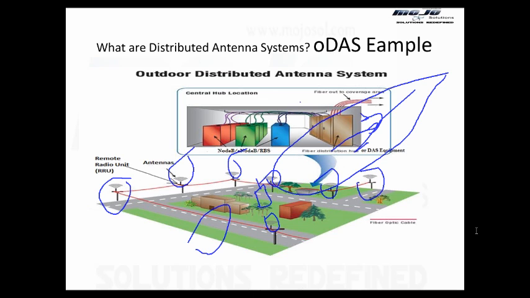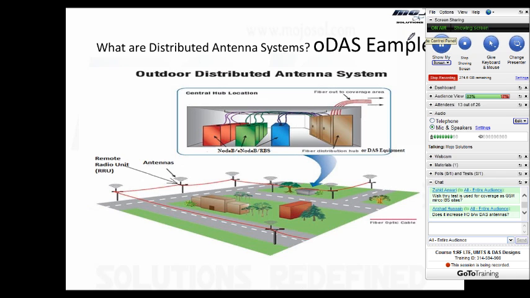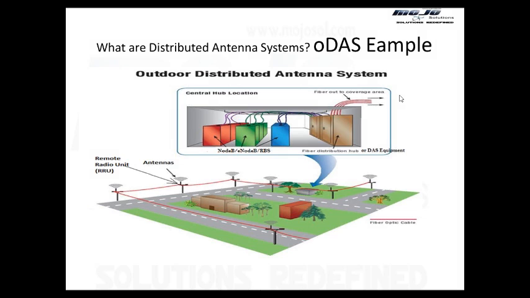One of the main criteria of design is not to overlap the coverage too much between any sites, macro sites or DAS sites, or two macro sites or two DAS sites. If you have overlapping coverage with similar signal strength, we call it pollution, and we will go through the concept of pollution in the design, but it's majorly a subject of optimization. We have to avoid pollution in our network design, so it's easier for us to optimize.